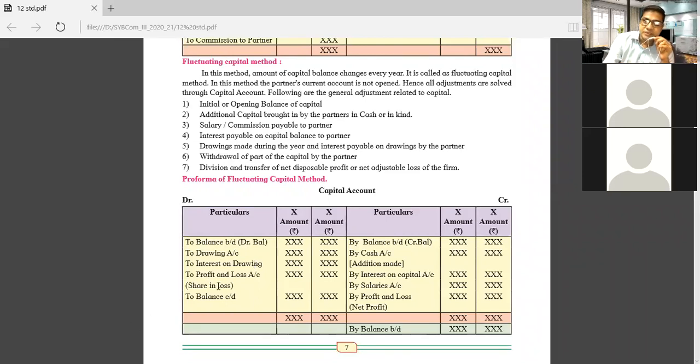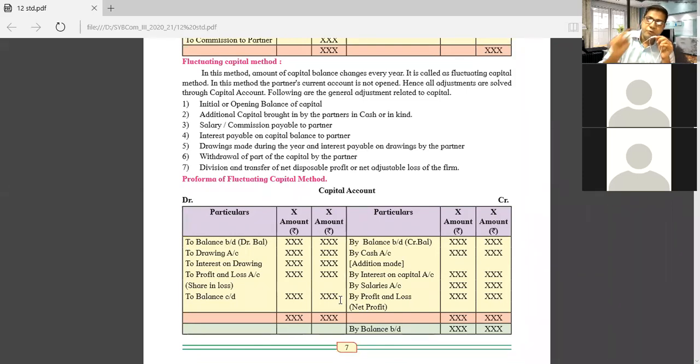Expenses are debited, income is credited, and we get the balance carried down. This balance carried down we use while preparing the balance sheet. We record capital balances on the liability side. You studied this in 12th standard and 11th standard also.